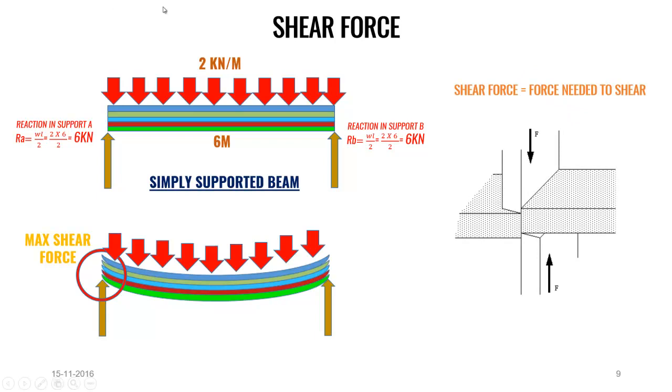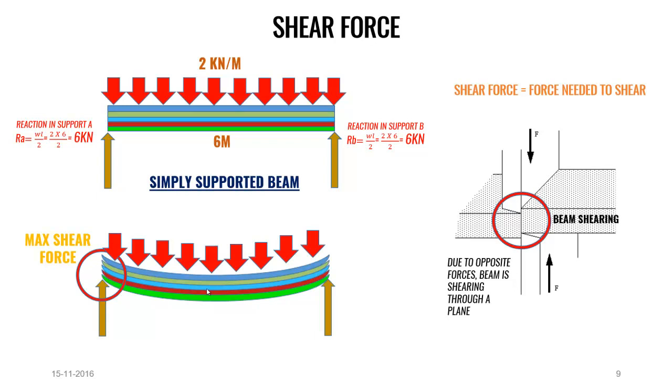You can see there is a beam, and a force is acting downwards and a force is acting upwards. Due to these two forces, there can be beam shearing. It can cut off in this plane. This is what we call beam shearing. So the force needed to shear the beam is what we call shear force.